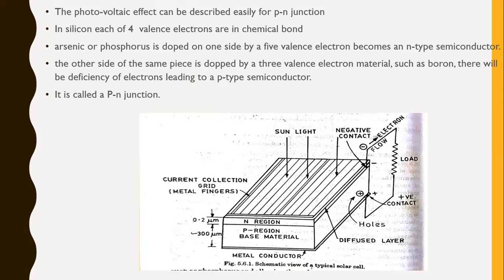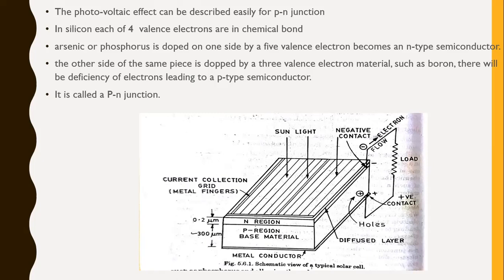For example, I am taking silicon. In silicon, each of the 4 valence electrons of a material atom is tied in a chemical bond, and there will be no free electrons at absolute zero.